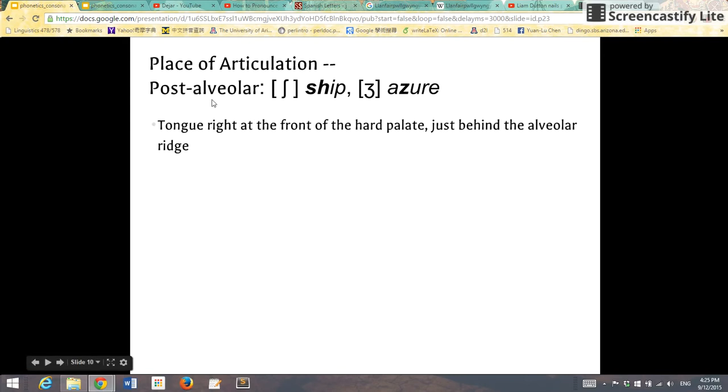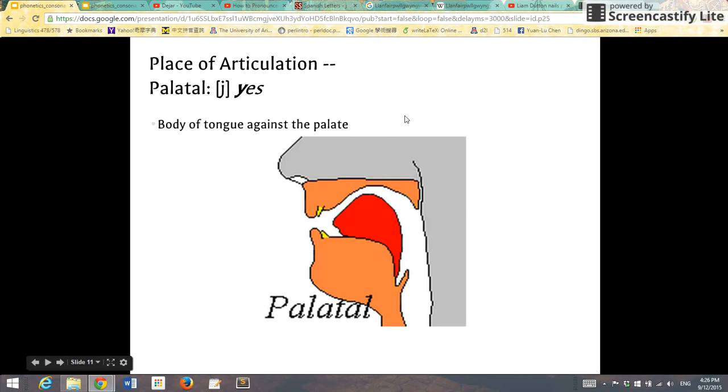And then we have post-alveolar, like sh in ship, the s in azure. Okay. And with palatal. Palatal is the place before, in front of the soft part. The soft part will be the velar or soft palate.